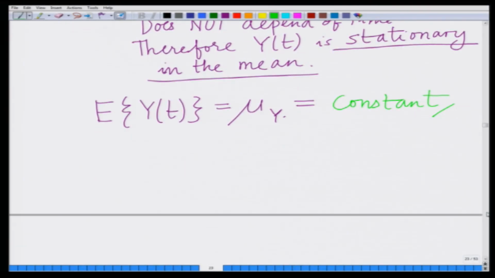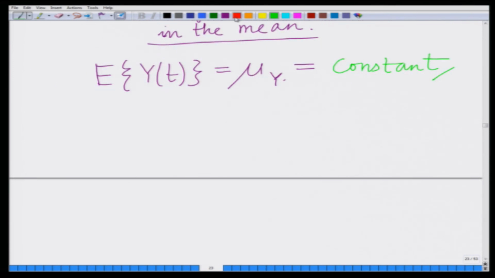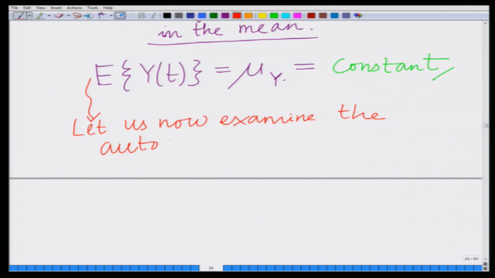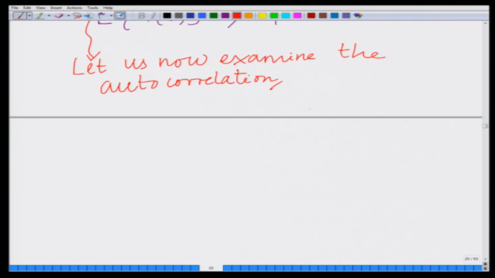So, let us now examine, we have demonstrated it is stationary in the mean. Let us now examine the autocorrelation of y of t.